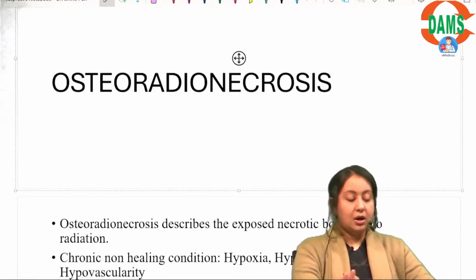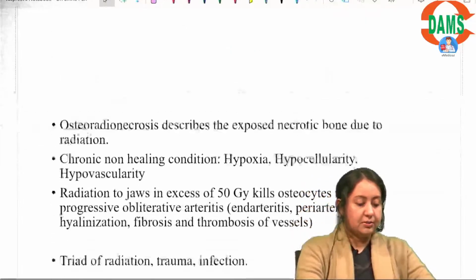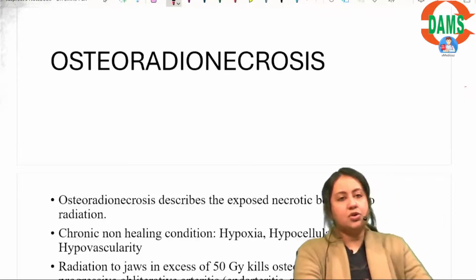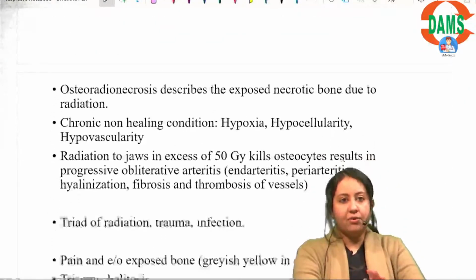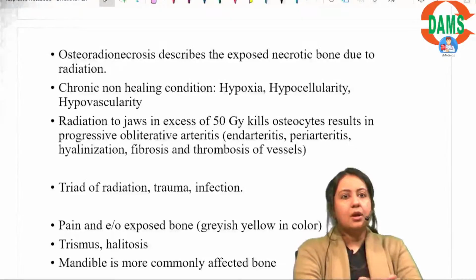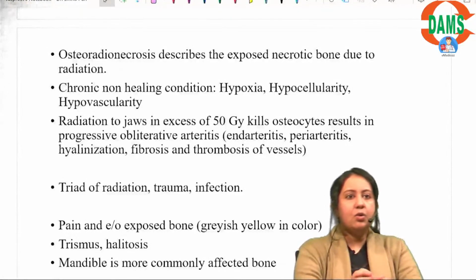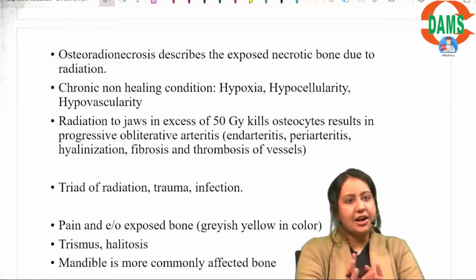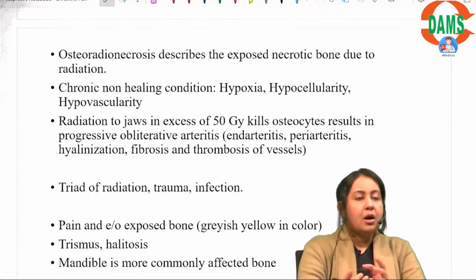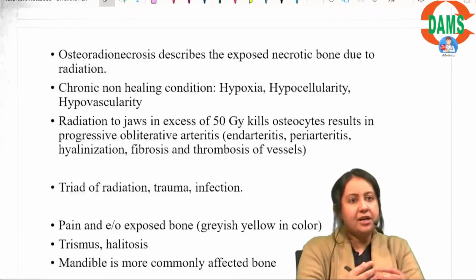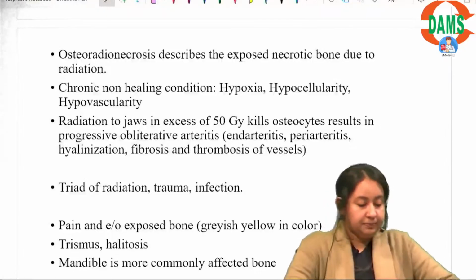Now coming to osteoradionecrosis. Basically, osteoradionecrosis is a type of osteomyelitis, but it is non-suppurative. Osteoradionecrosis can get secondarily infected also, so due to secondary infection it can have pus discharge, but inherently, by its own nature, it is a non-suppurative form of osteomyelitis.